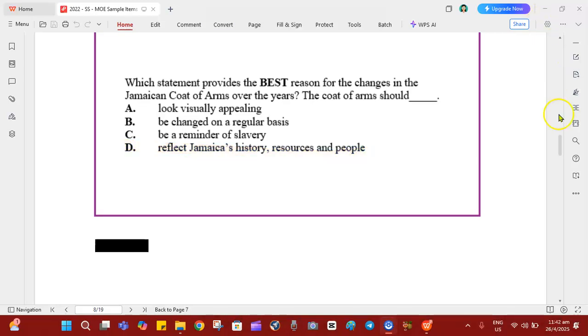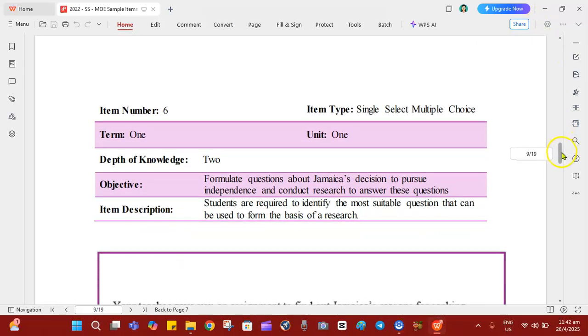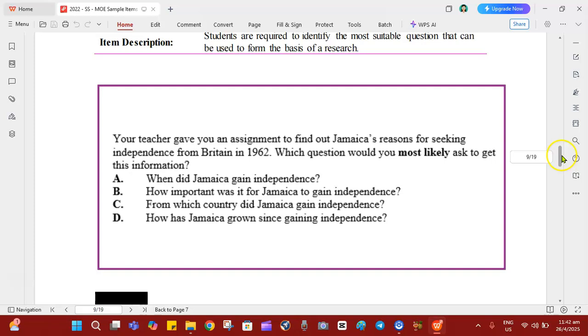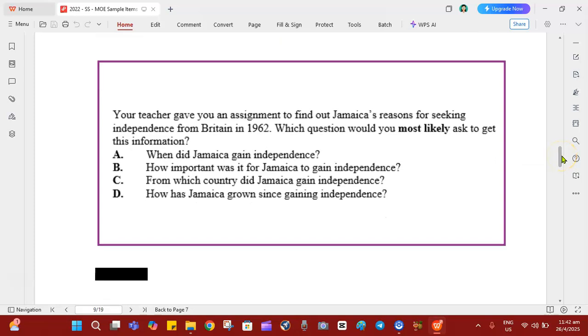All right, let's move to the next item, which is item 6. Your teacher gave you an assignment to find out Jamaica's reasons for seeking independence from Britain in 1962. Which question would you most likely ask to get this information? A says when did Jamaica gain independence.